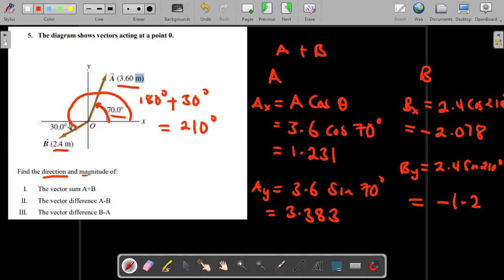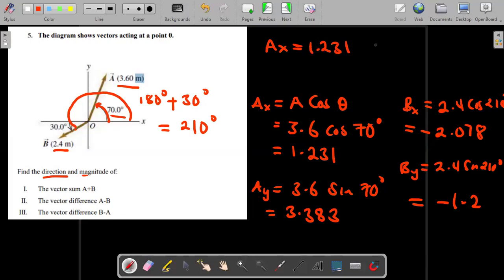So now what am I going to do with these components? Let me summarize them and write them properly here on top. Here on top, I write AX to be 1.231.